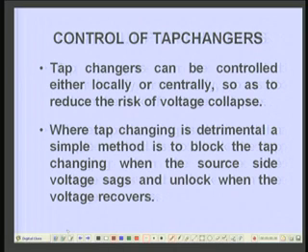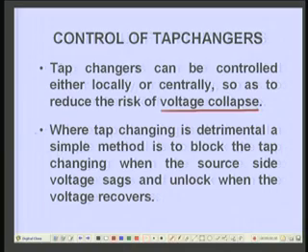Next, about the control of tap changers, this also plays a very important role. Tap changers can be controlled either locally or centrally, so as to reduce the risk of voltage collapse. In fact, under certain situations, the operation of the tap changer is helpful. Under other operating conditions, the tap changer will not be in a position to increase the voltage, but is going to reduce the voltage on the contrary.